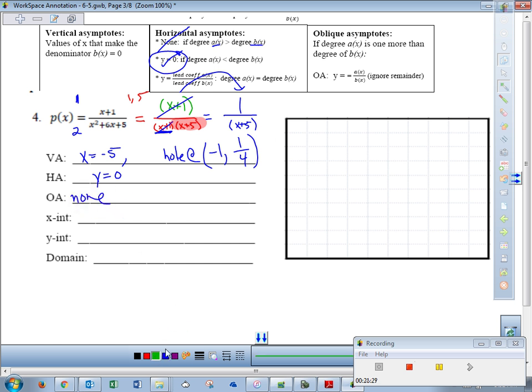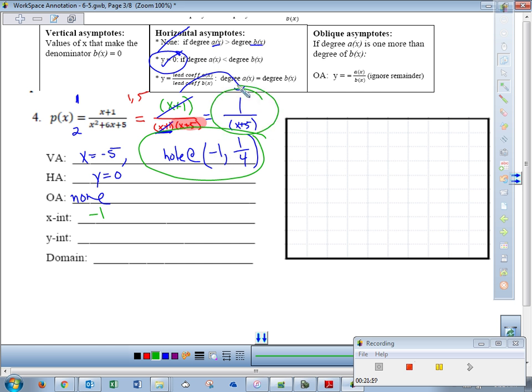X-intercept. That's where the numerator equals 0. Because we let y equal 0, that cancels out. We want to know where the numerator equals 0. Where does that numerator equal 0? x is negative 1. There's an x-intercept there. Can that happen? When x is negative 1, isn't there a hole in the graph?